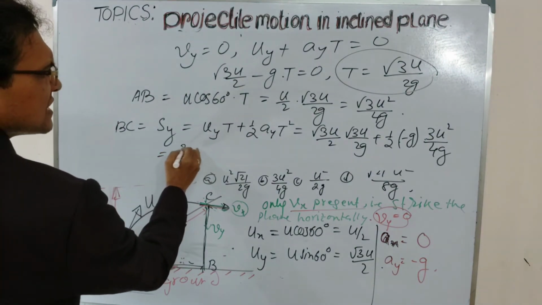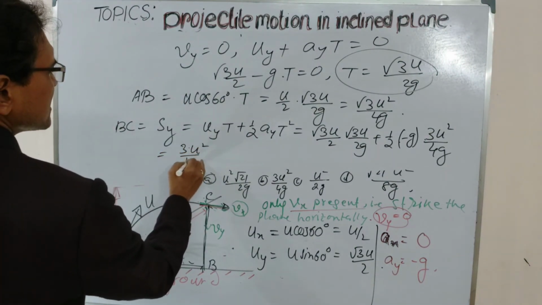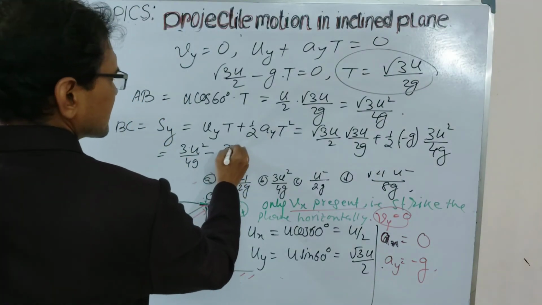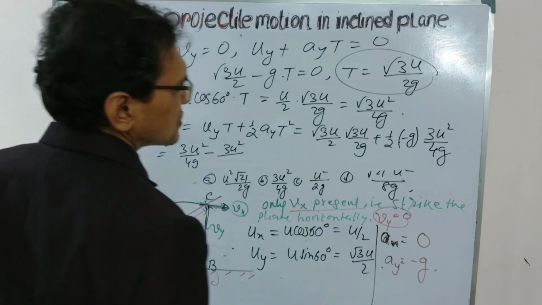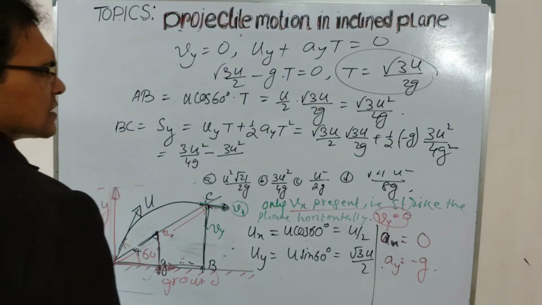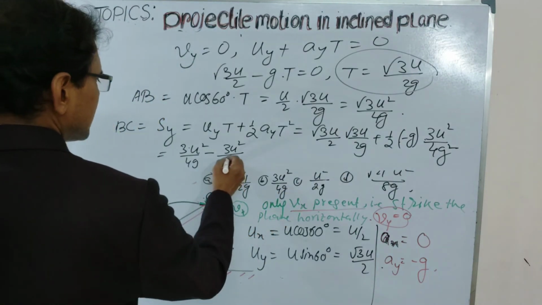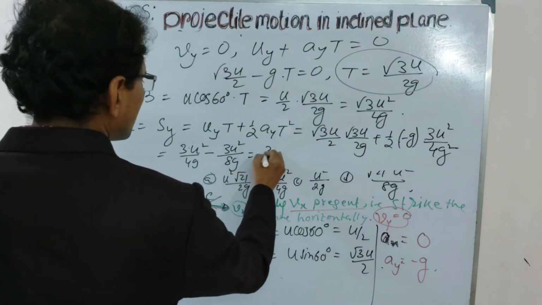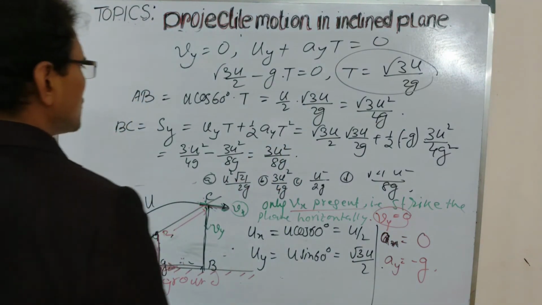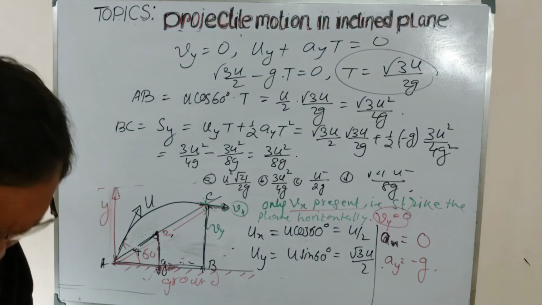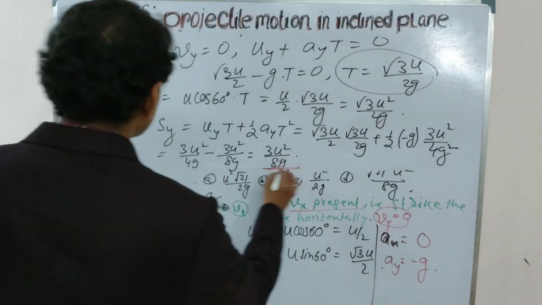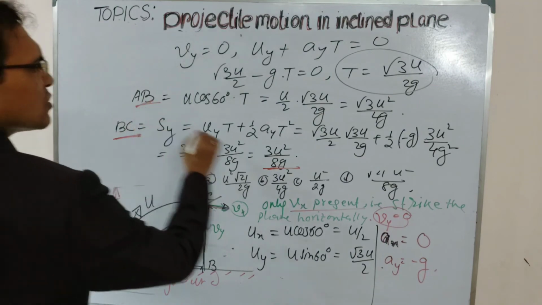The result is 3u square by 4g minus 3u square by 8g, so g cancels, giving 3u square by 8g. So we get BC equal to this and AB equal to this.